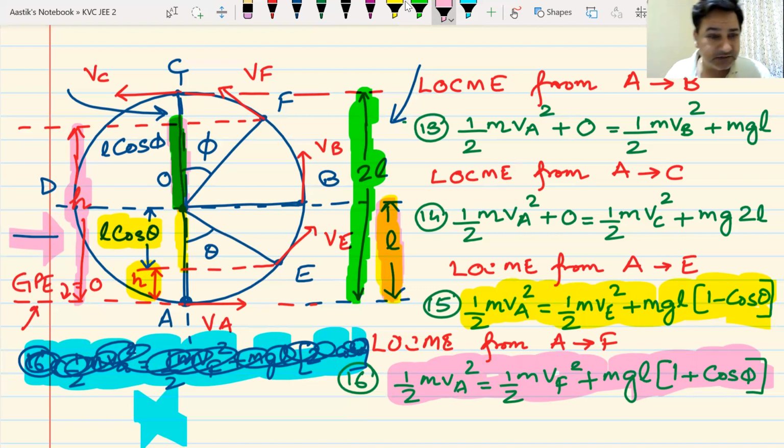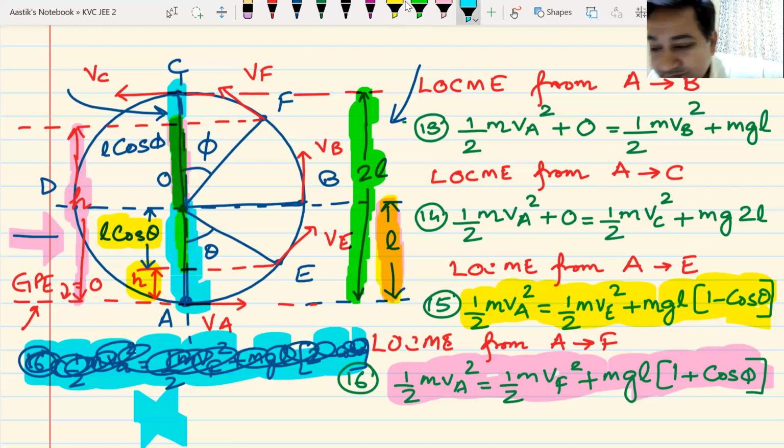Do you all understand this? What was the mistake in writing it as 2L minus cos phi? Because I will not get that value. I will get this part plus this part. That is not the answer, right? I have done it wrongly.